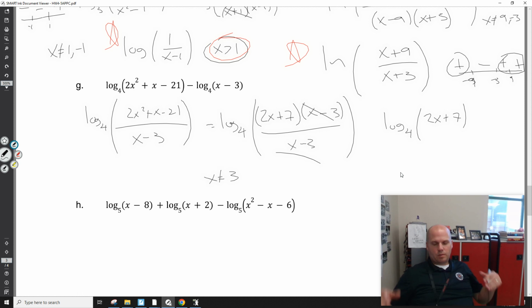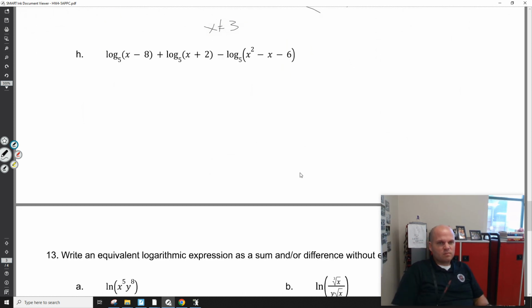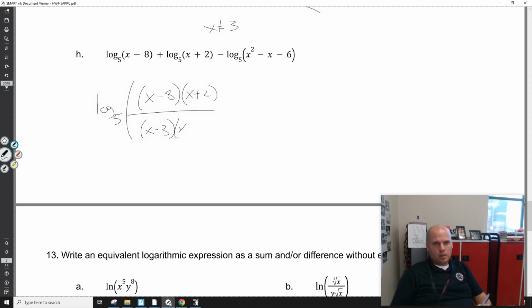I would only plug in values bigger than 7/2 into this logarithm so that we can get the log of a value. All right, we'd have x minus 8 times x plus 2 divided by, I'm going to factor this, x minus 3, x plus 2.